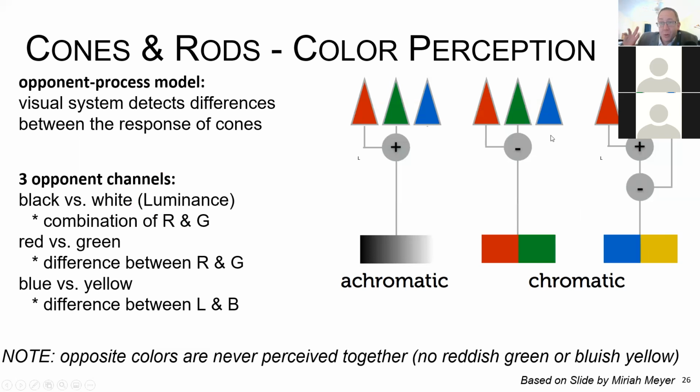It's this what I don't see versus what I do see. It's not a hard-coded number. It's relative to the other colors that I see. Because if I see both red and green go off and no blue, I see yellow. And if I see blue but not red and green, I see blue. So I don't get reddish green. There is no bluish yellow. There's no yellowish blue. I can't get opponent colors.